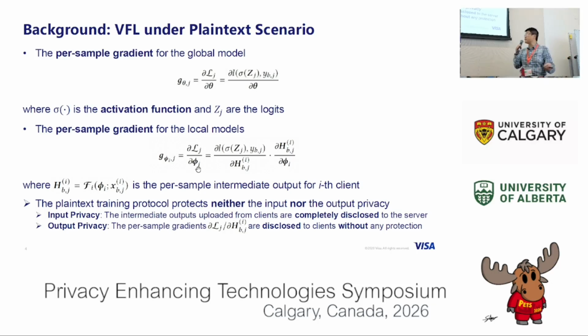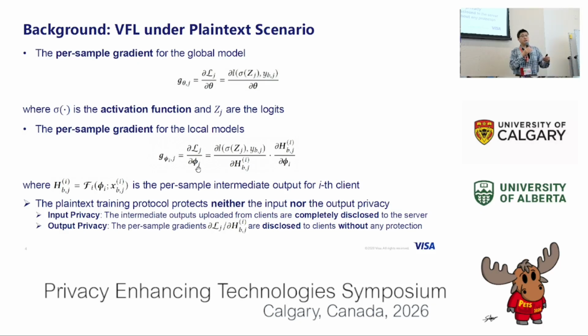This is pretty straightforward, but you can see that without any privacy preservation, both input and output privacy can easily be leaked. Input privacy means that the intermediate outputs uploaded to the server are completely disclosed to the server.